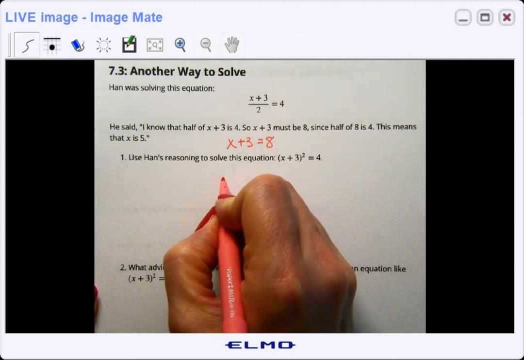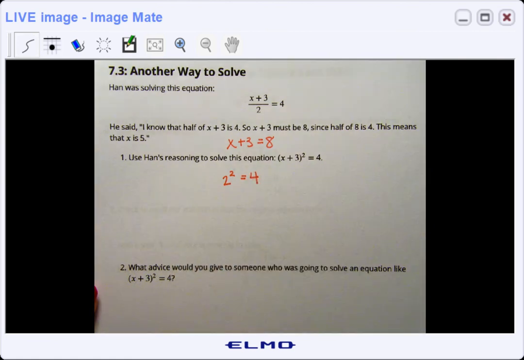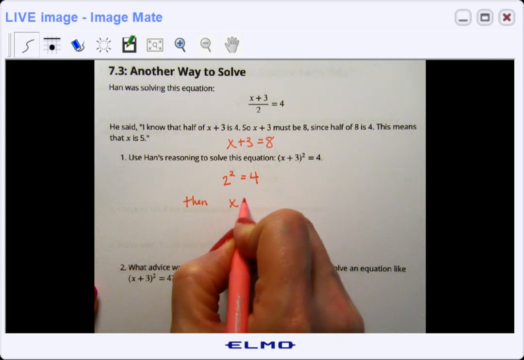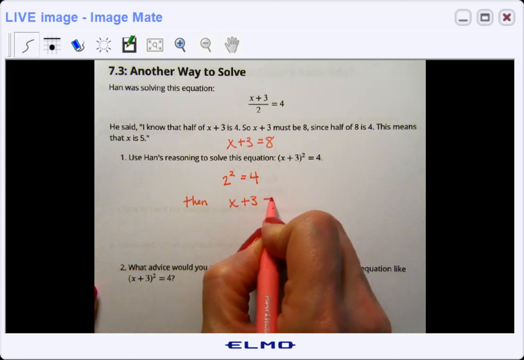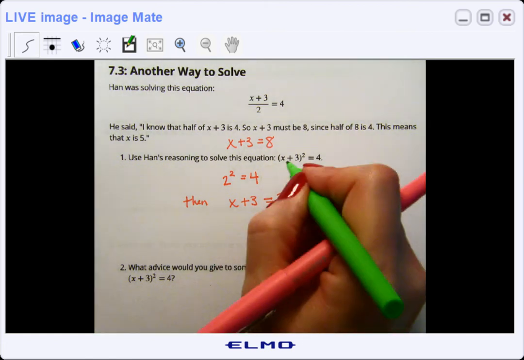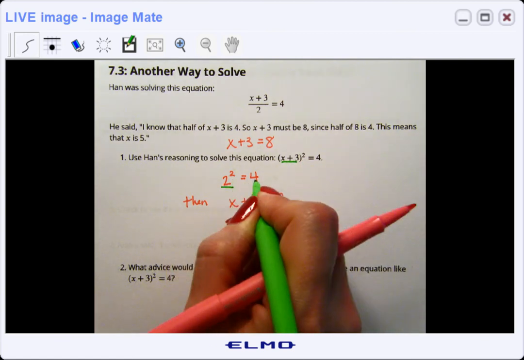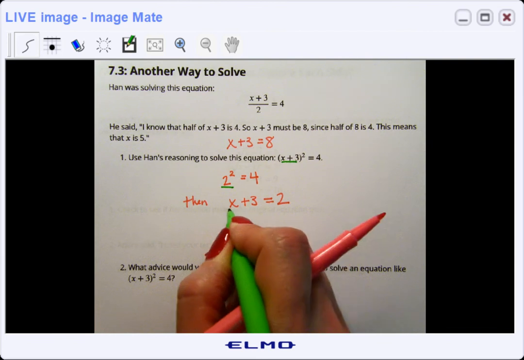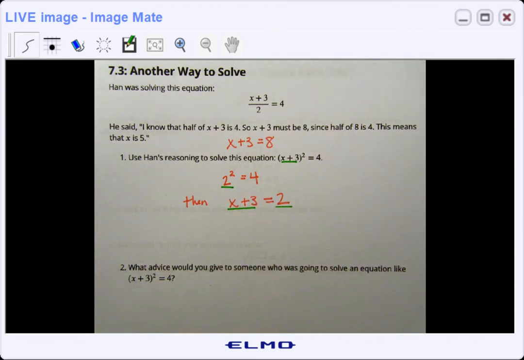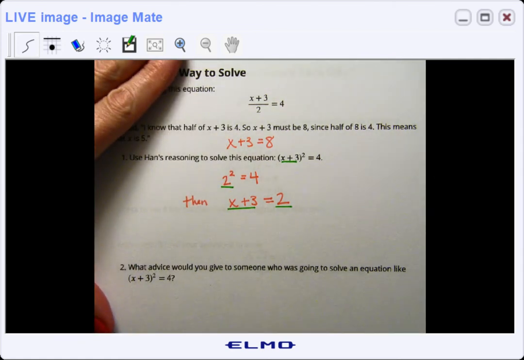So we could say, oh, since 2 squared is equal to 4, then x plus 3 must equal 2, right? So if this squared is equal to 4 and 2 squared is equal to 4, then x plus 3 must equal 2.